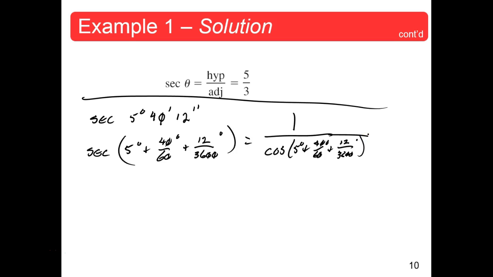So basically I would do 1 divided by cosine of 5 plus 40 divided by 60 plus 12 divided by 3,600. Close that parentheses, hit enter. Or you could just do cosine of all that, close that off and then hit the 1 over x key or x minus 1 key, if you like that better than 1 divided by. Doesn't matter, whichever you prefer. Anyone do that? See what you get?